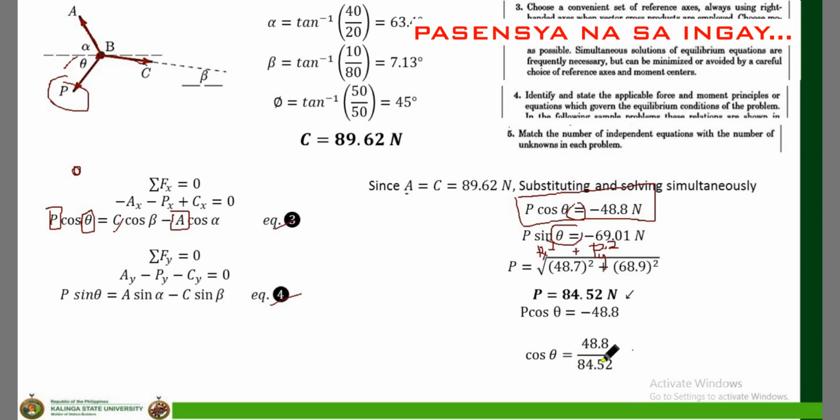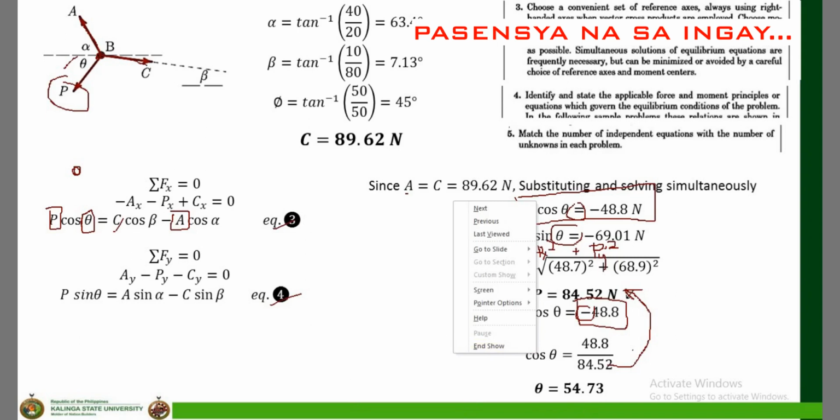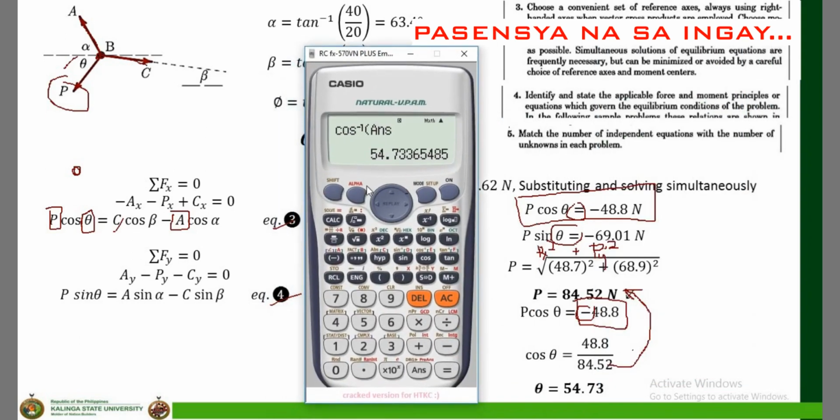Once we solve for the angle, disregard the sign and take the absolute value of negative 48.8, which is positive 48.8. Inputting this in the calculator, theta is 84.73 degrees. That is simply equal to 48.8 divided by 84.52.